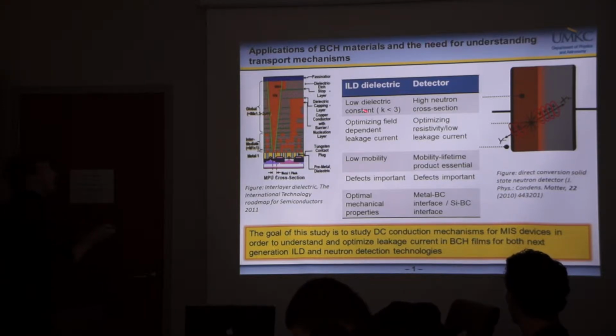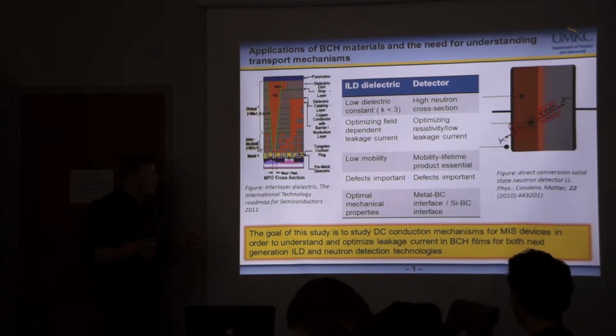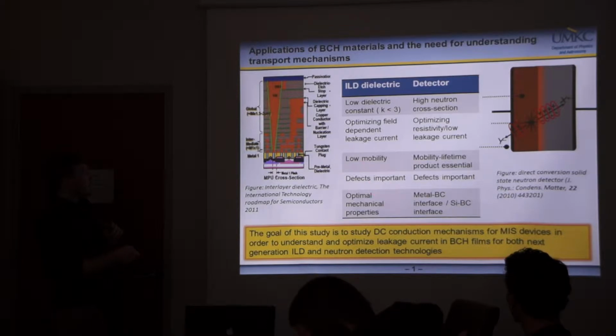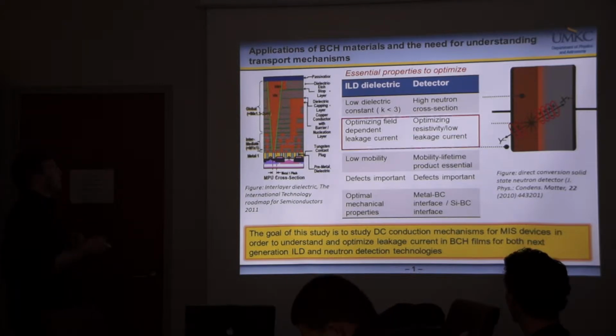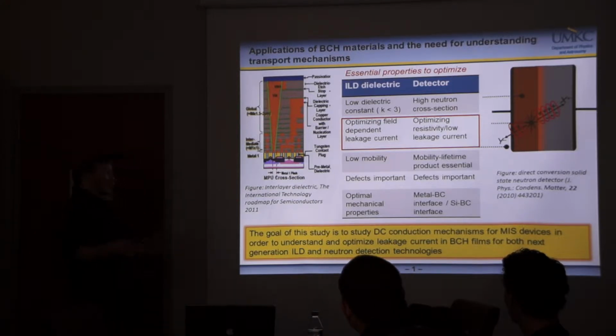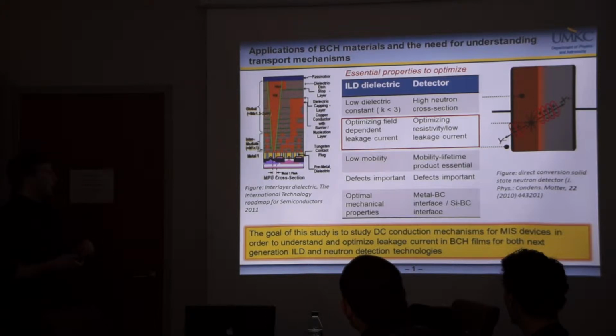In each of these, understanding the leakage current, dielectric constant, and mobility is very important in optimizing these properties. Specifically, for both cases, we are optimizing and understanding these field transport properties. The goal is to understand these and then relate it back to both of these applications.